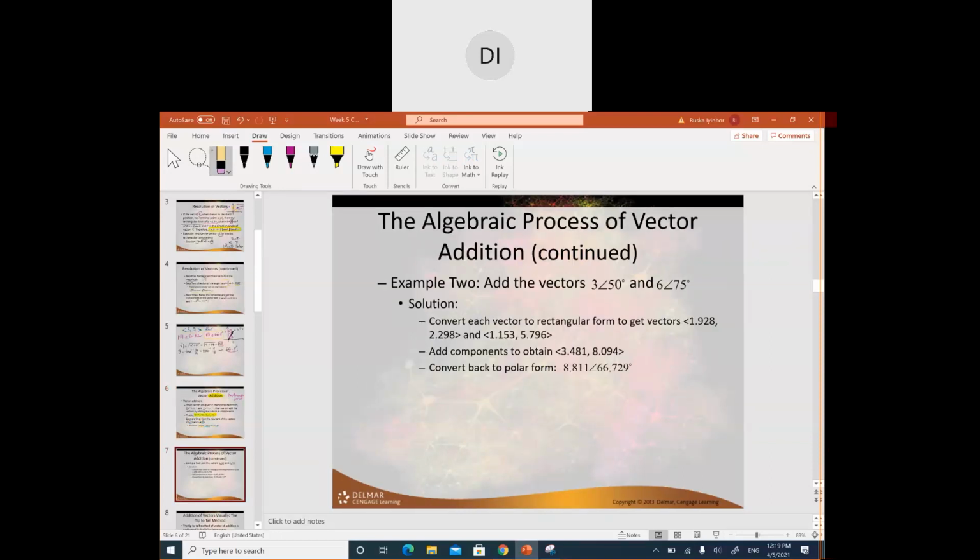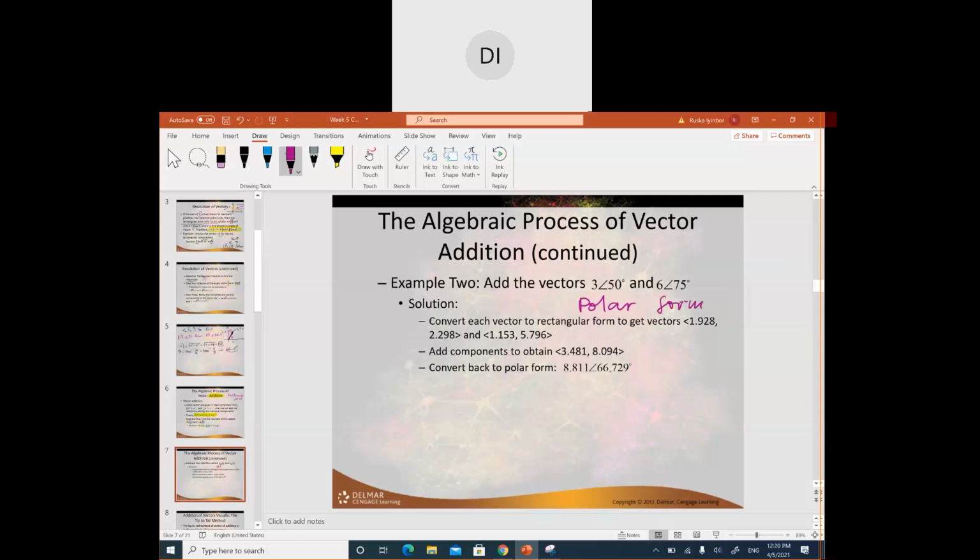Okay, so let's see what else we have. Here we have addition of two vectors which are given in polar, right? So when the vectors are given in polar form, so this is polar, right? What do you guys think we're going to do?